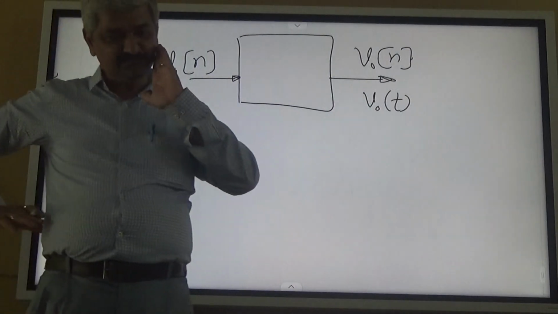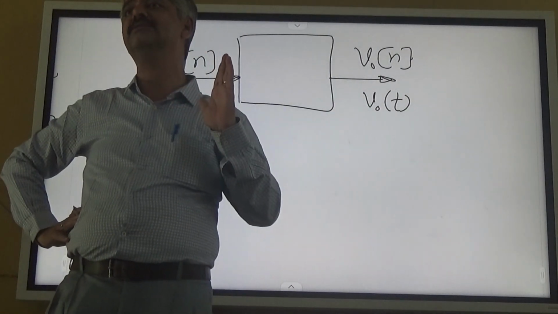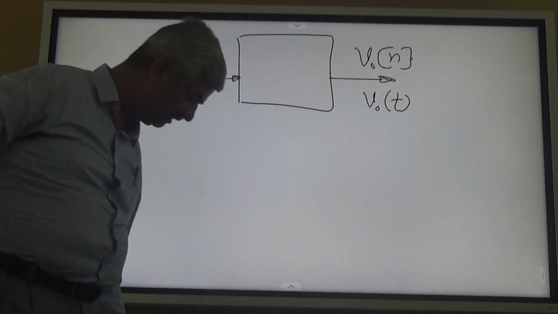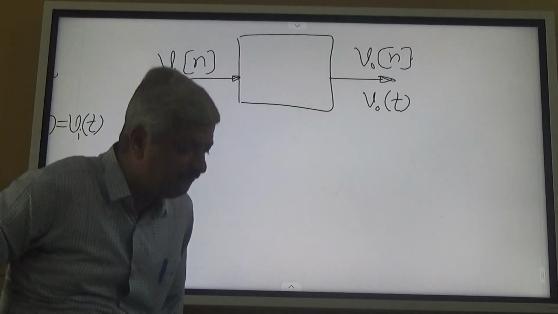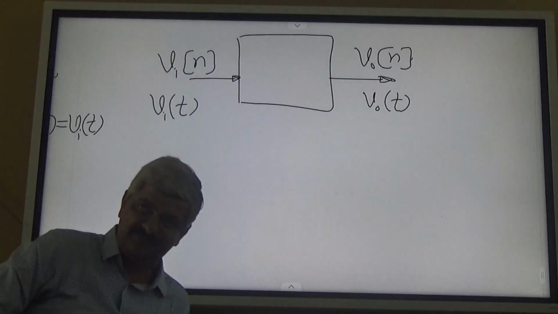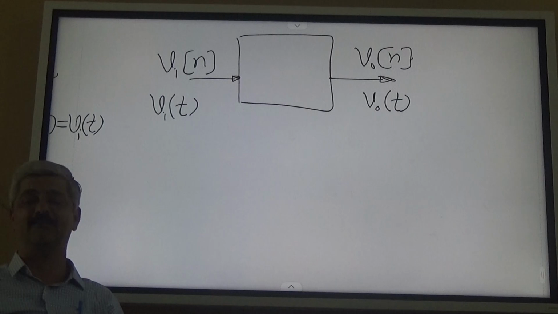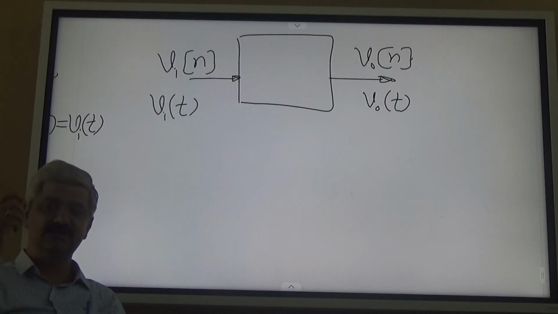Suppose we want to measure how the height of a child is increasing. Or not a child, some small fast-growing tree, which grows in 1 year.